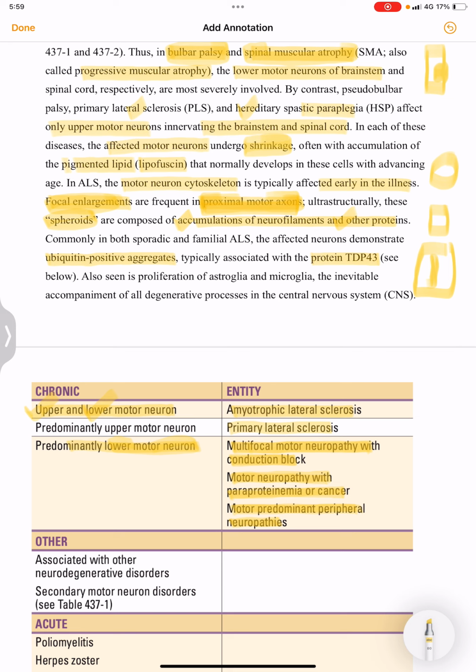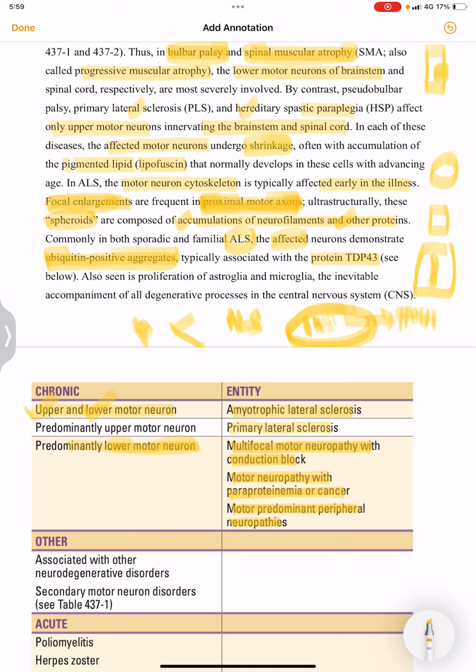So in the neurons, what will happen? Ubiquitin positive aggregates, and these aggregates will be associated with the protein TDP43.